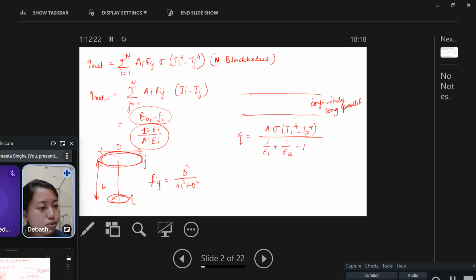So for gray surfaces, we have seen this formula. Here i is 1. How much is that one receiving from the other surfaces? So this formula we will use.